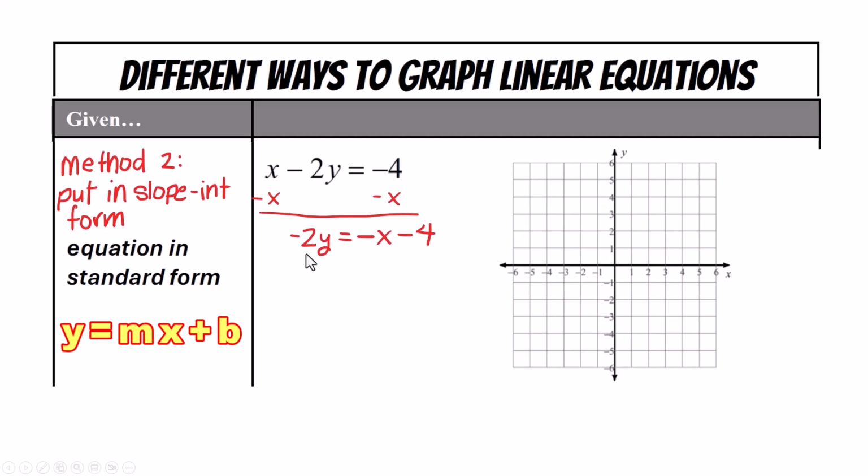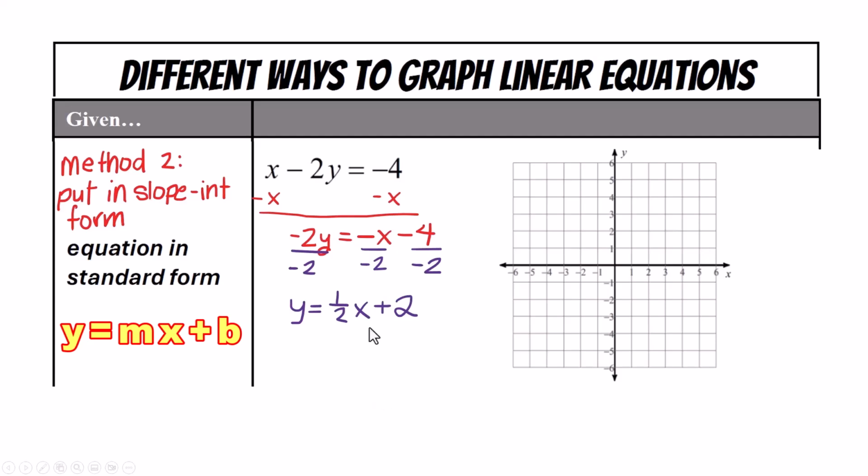Now divide everything by -2. I didn't make it easy on this one, but you need to see what happens here. This negative in front of the x is really a -1. So when I simplify this, negative divided by a negative is positive, and then you end up with 1 over 2. So it's 1/2 x plus 2.